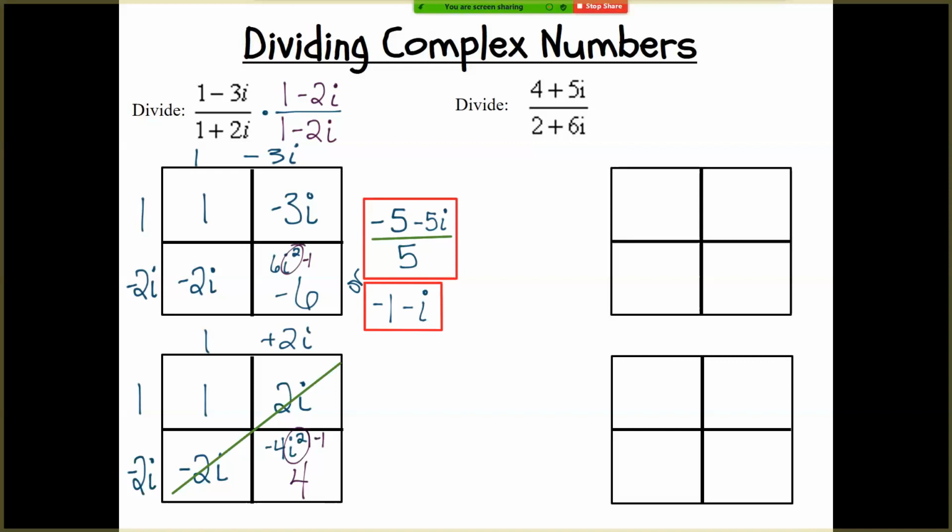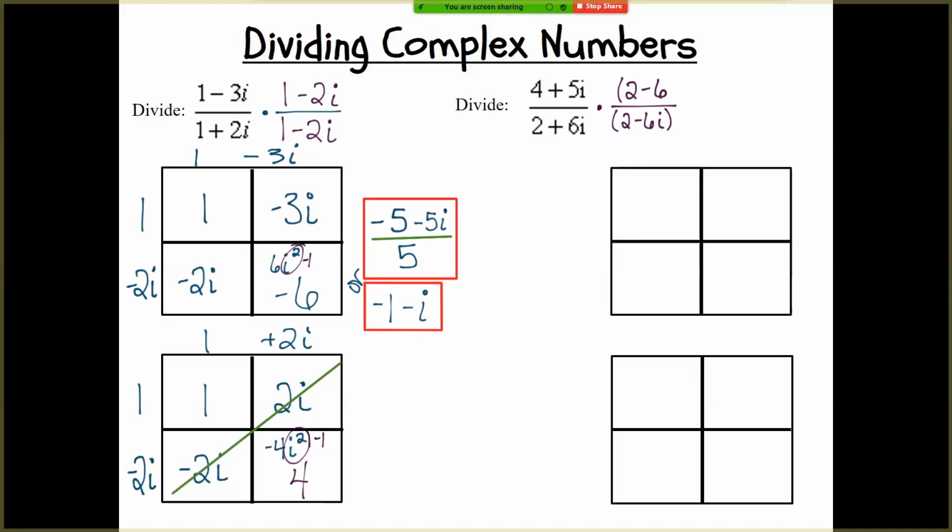You want to try the next one on your own, or you just want me to do it? So first thing we're going to do, figure out what the conjugate is. The conjugate, again, only looking at the denominator, change the sign in front of the imaginary part.